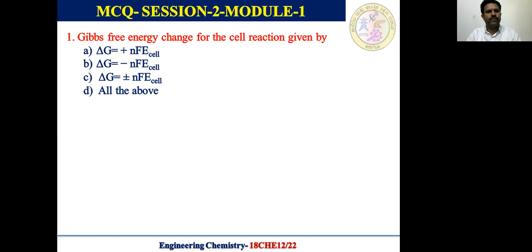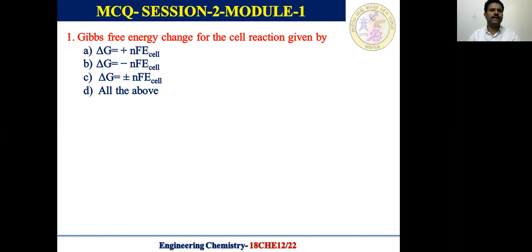Question number 1, Gibbs free energy change for the cell reaction is given by: option A, delta G is equal to plus nE cell. Option B, delta G is equal to minus nE cell.